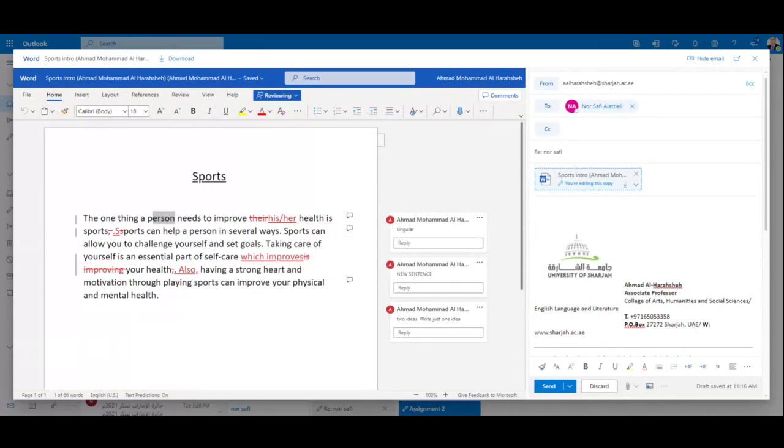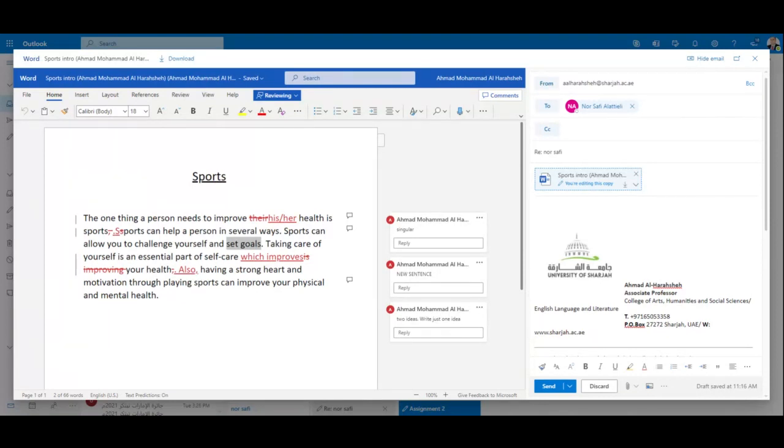Sport can help a person in several ways. Sport can allow you to challenge yourself and set goals. Taking care of yourself is an essential. Set goals. Look, Noor, here, as a reader, I don't understand what you mean by setting goals. What do you mean by goals?